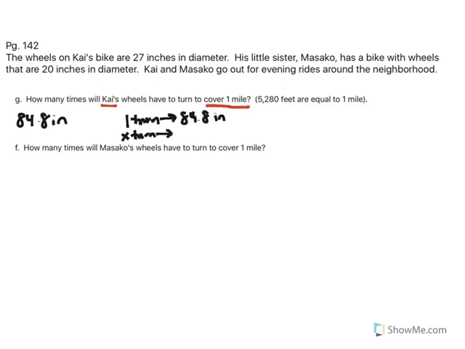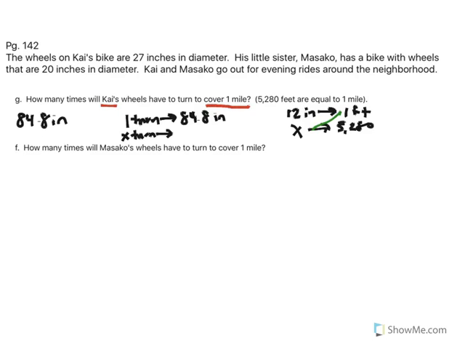Oh wait, we don't know how many inches are in a mile. So we need to do that conversion in order to figure that out. They tell us that 5,280 feet are equal to 1 mile. So if we know that 12 inches are in 1 foot, how many inches, or x inches, are in 5,280 feet?